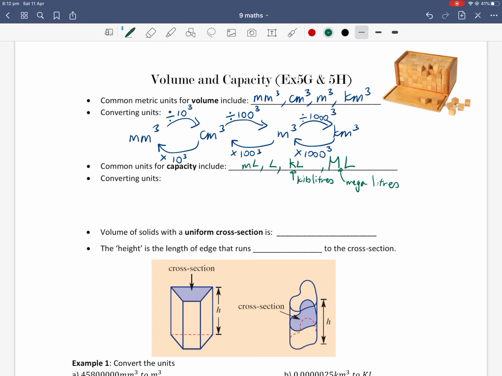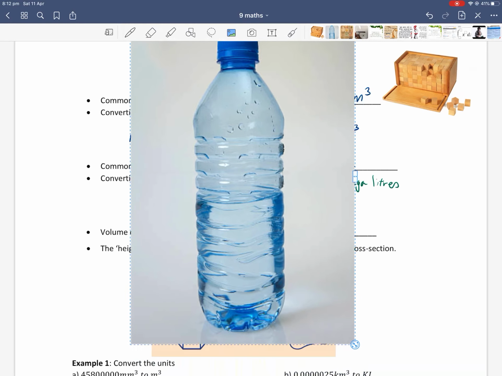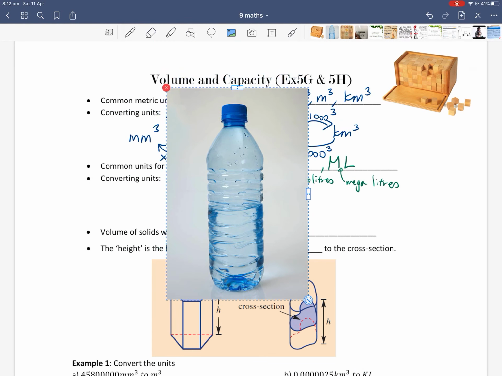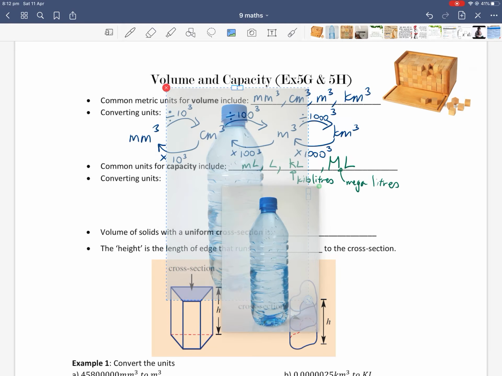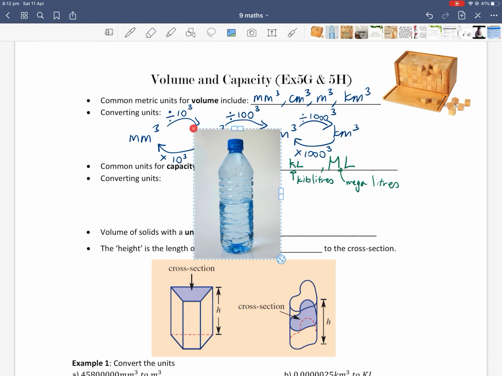If you think about capacity, it's when you're trying to fill up a water bottle and you're trying to see how much water or how much liquid can be poured inside this water bottle. Volume is the amount of little cubes you can put inside the container, whereas capacity is the amount of liquid or gas which your container can hold.